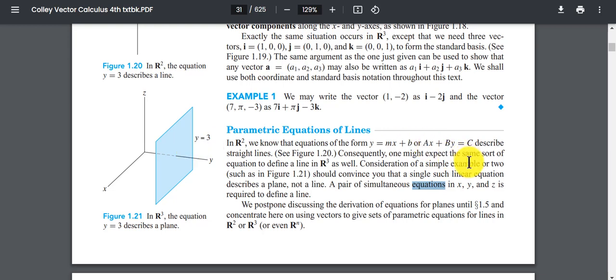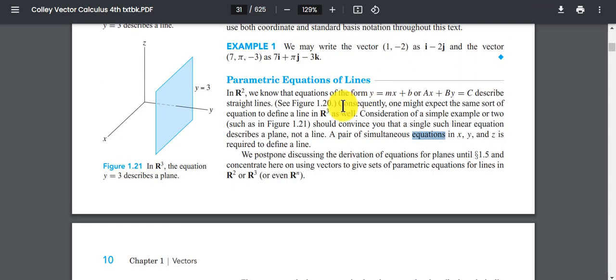The intersection will be a line, so the 2 together simultaneously will specify a line.